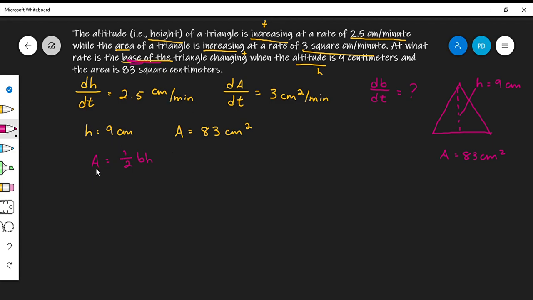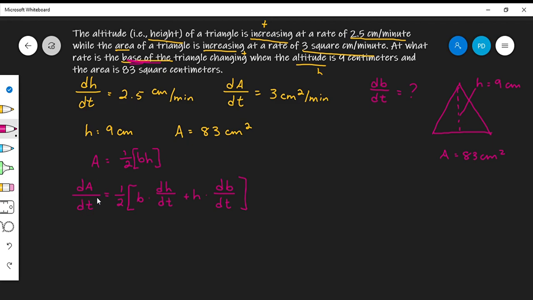So we're going to do dA/dt, and since this 1/2 is a constant, I'm going to pull out the 1/2 and then just implicitly differentiate the base times height. We're going to use the product rule here. So we have base times dh/dt plus h times dB/dt. Now we're going to plug in everything.